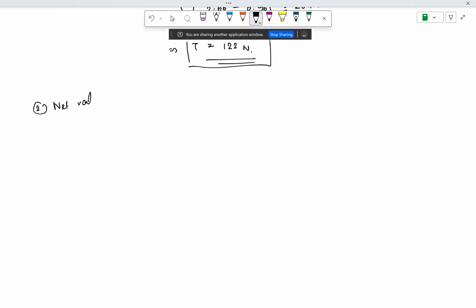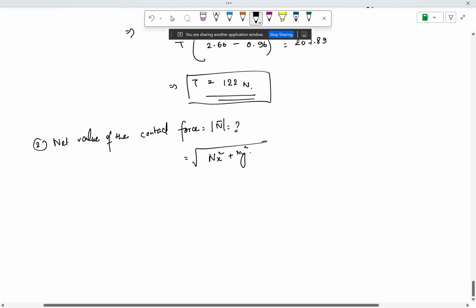We know that magnitude of such force can be written down as its magnitude of the horizontal and vertical components, like this.